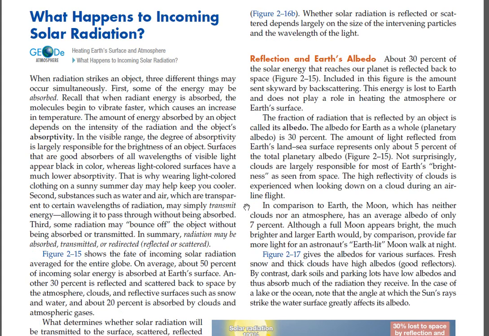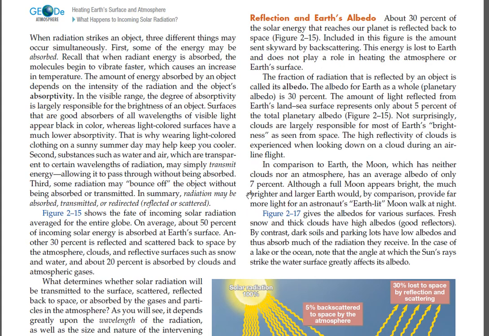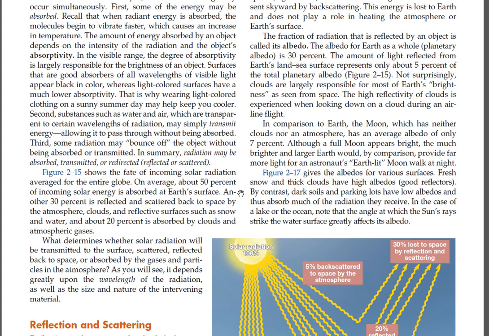In comparison to Earth, the Moon, which has neither clouds nor an atmosphere, has an average albedo of only 7%. Although a full moon appears bright, the much brighter and larger Earth would, by comparison, provide far more light for an astronaut's Earth-lit moonwalk at night. Figure 2.17 gives the albedos for various surfaces.